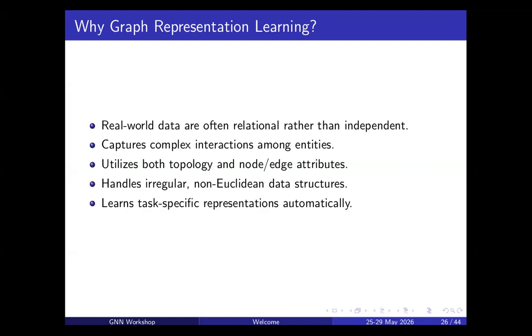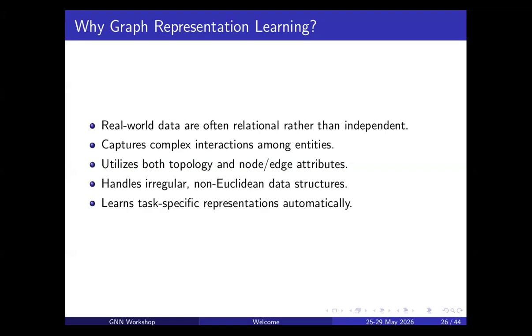So that will be the features. It uses both topology as well as node or edge level attributes, features, and that will be used to get the complex node embedding, the graph representation. And most importantly, this graph is not in Euclidean space, so it can capture all the irregularities in these non-Euclidean data structures.